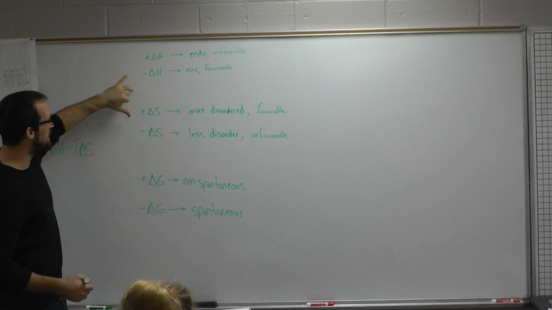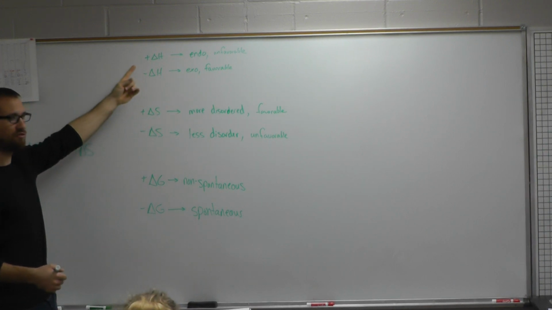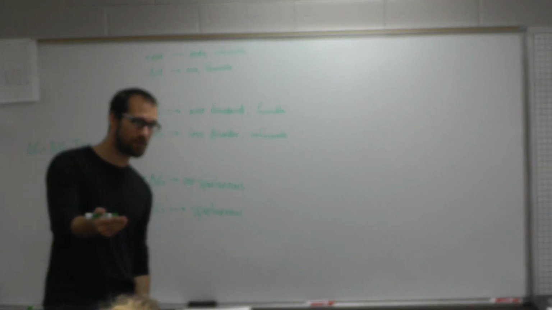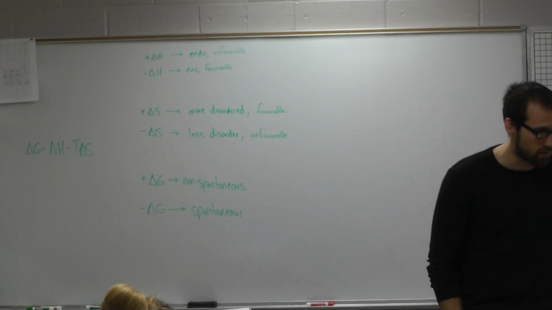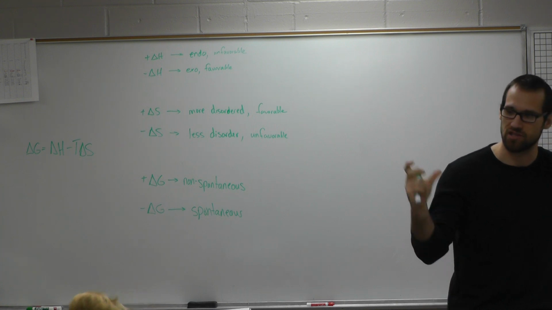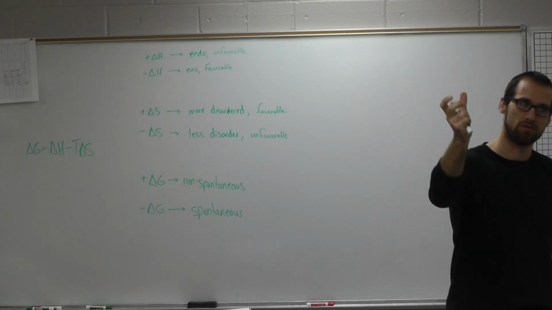If you have opposites, one favorable and one unfavorable, then it depends on what? Temperature. At a certain temperature it will be favorable, and at a different, lower temperature or the opposite of that it will be unfavorable. Okay, that's what that chart was that I gave you yesterday.